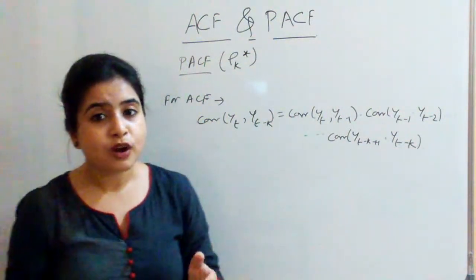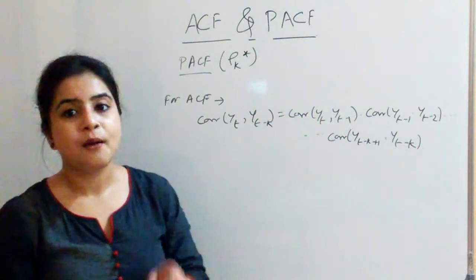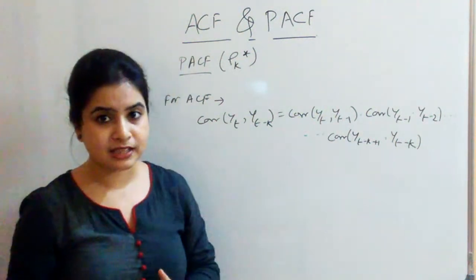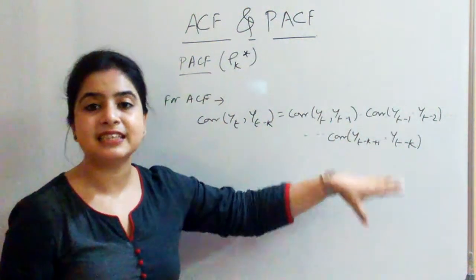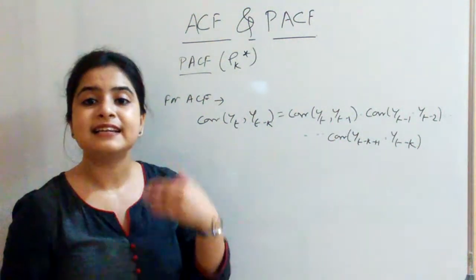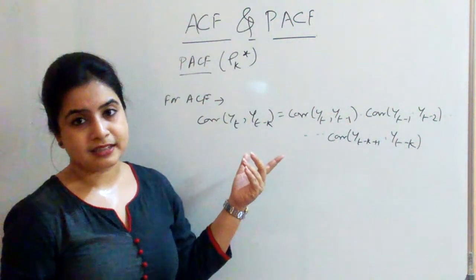So we cannot find the direct impact or relation between these two under the autocorrelation function. So we have to take the marginal change into account while discussing the direct effect.